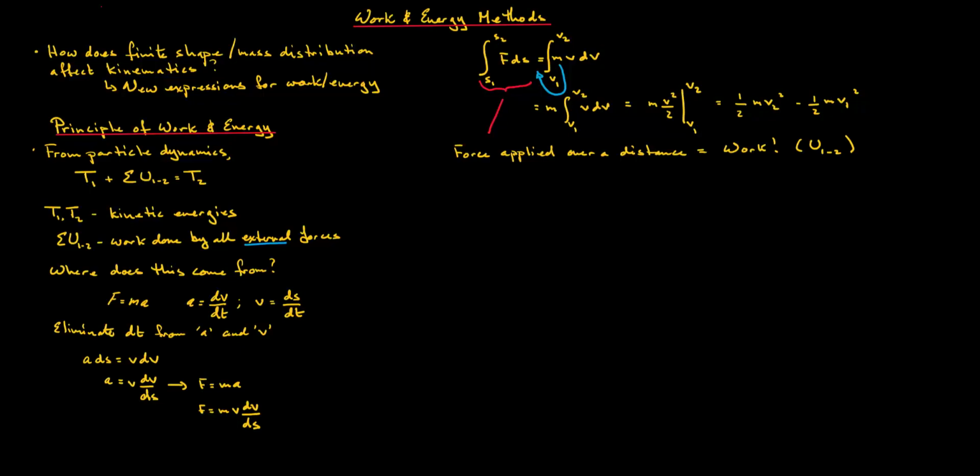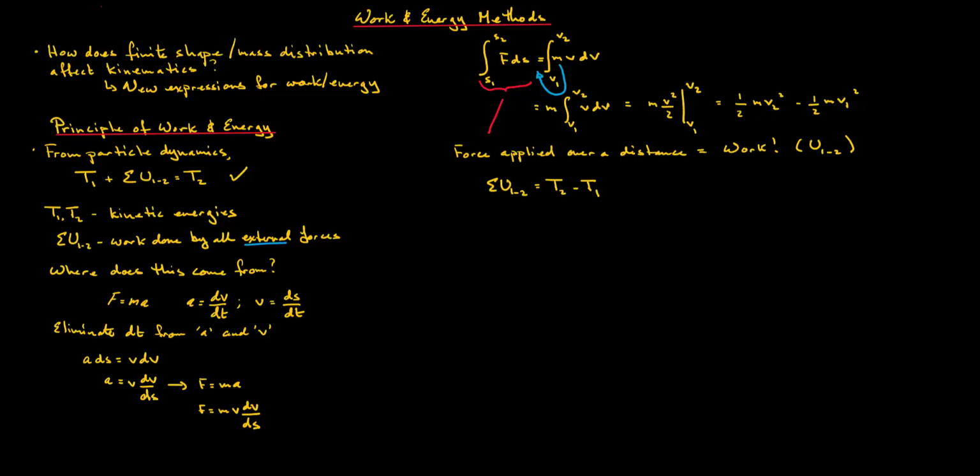Therefore, what we have is the principle of work and energy. On the left-hand side, we have the net work going from position 1 to position 2 is equal to T2 minus T1. And rearranging, we will get our initial form over here.